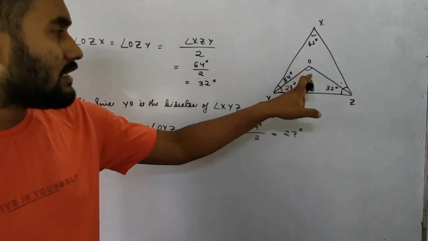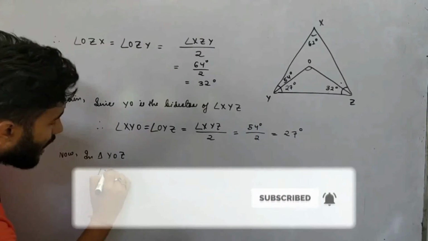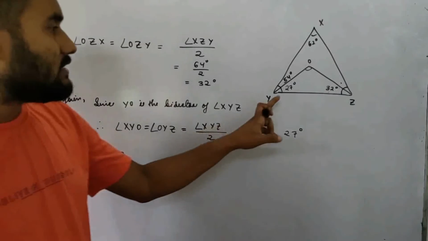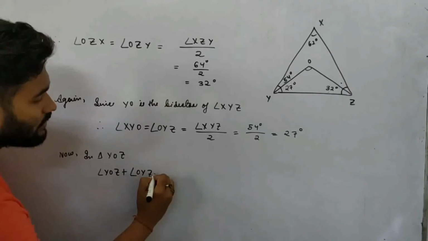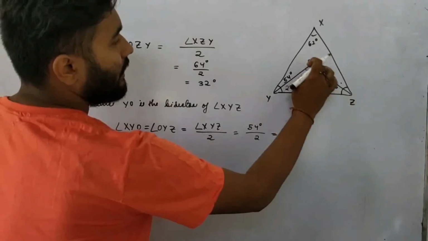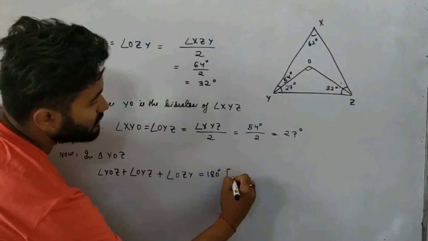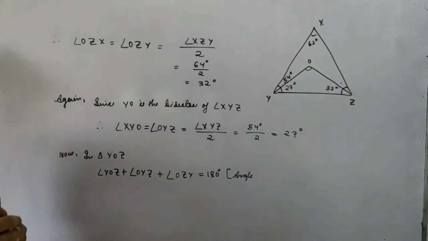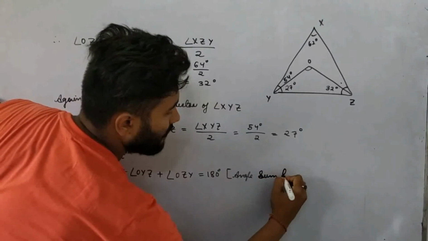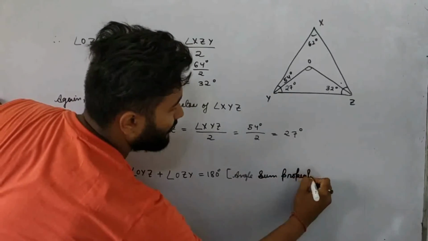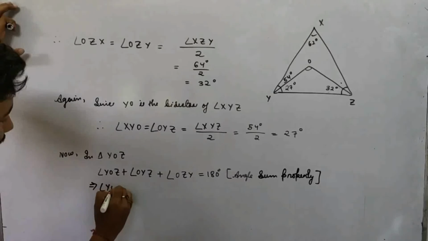The first angle is angle YOZ, plus angle OYZ, plus angle OZY, will be equal to 180 degrees. Reason is the angle sum property.